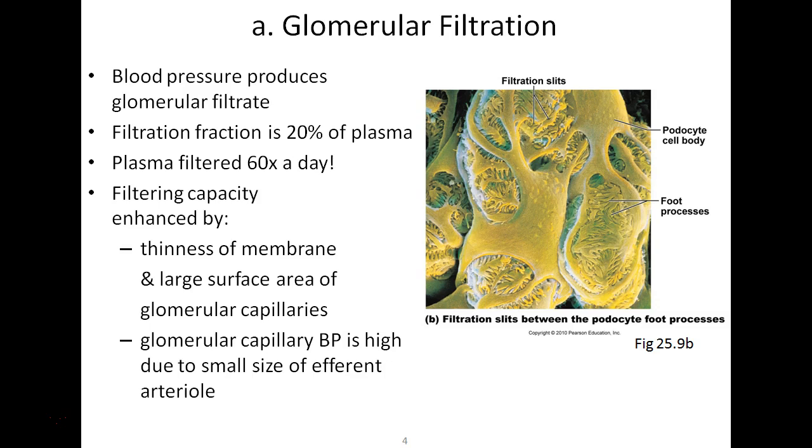As a general rule of thumb, the blood pressure of the capillaries in the glomerulus is high, thanks to the small size of the efferent arteriole. In other words, that smooth muscle is going to sort of choke it off a little bit and create a sort of pressure buildup. Later on we talk about how efferent and afferent arterioles are able to constrict and dilate.